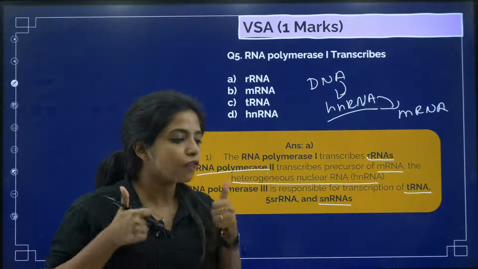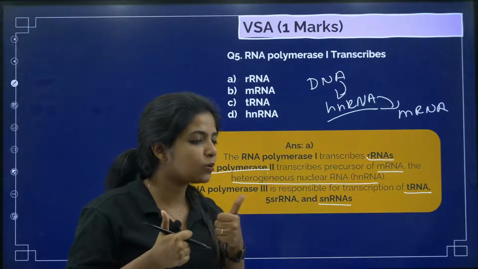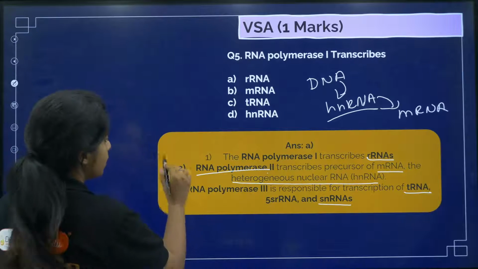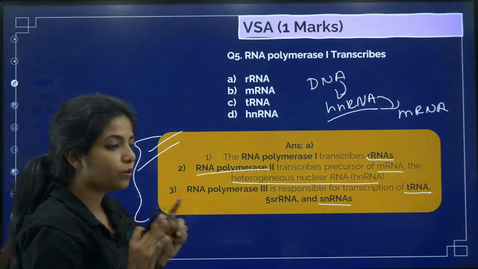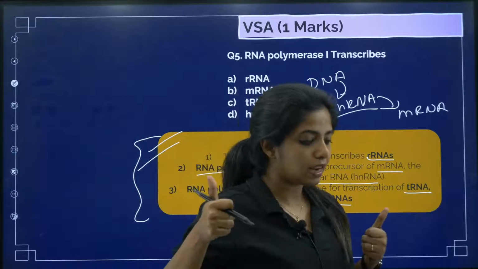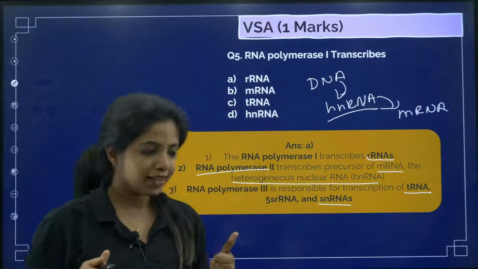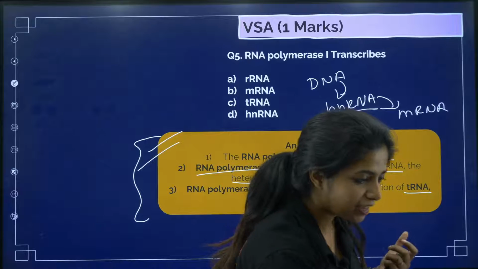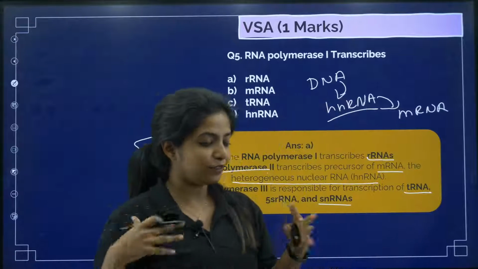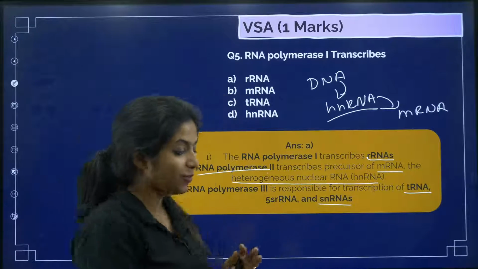Is this clear? If it's clear, give me a thumbs up. Everyone who is out there. If you think that this particular portion is clear, and if you get any question from this particular portion, you are going to score, give me a thumbs up over there in the live chat. Then only I will be understanding, right? Otherwise, I'd be feeling that basically I am going very fast, or I don't know.